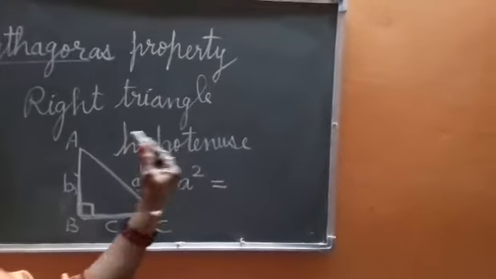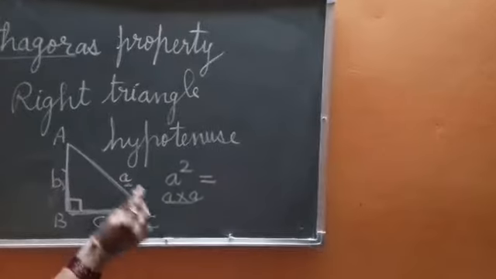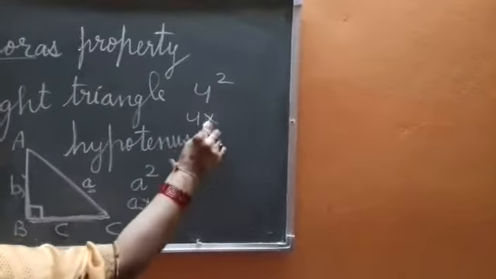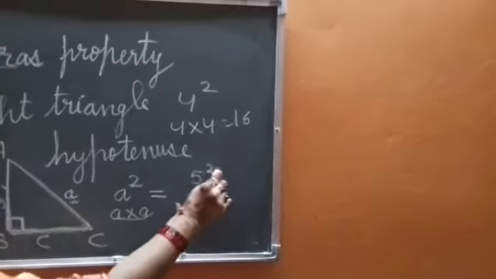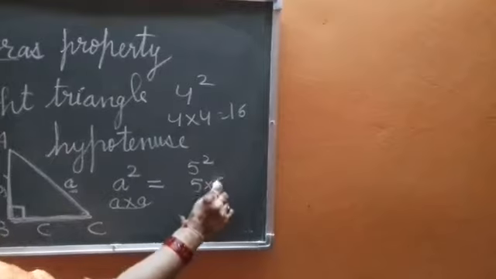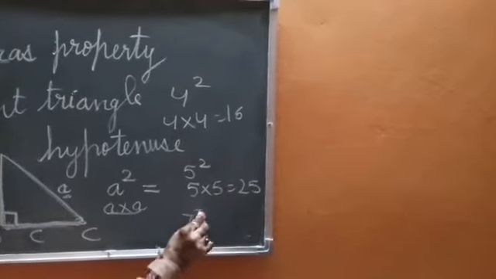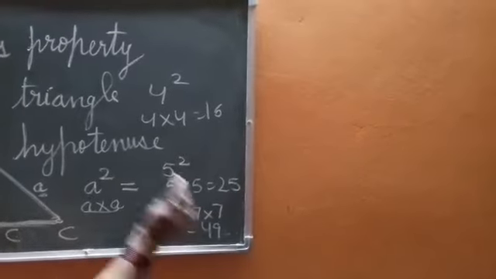The same number multiplied by itself. A square means a into a. Suppose we have 4 square, which means 4 into 4, that is 16. 5 square means 5 into 5, that is 25. 7 square means 7 into 7, that is 49.